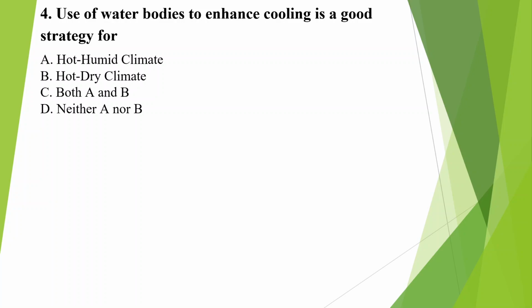In the previous question also I have discussed, in hot and humid climate conditions, the RH levels are already very high. So use of water bodies and evaporative cooling features become less important in such a climatic zone. That's why these strategies are good only for hot and dry kind of climatic conditions. That's why option A is the correct answer for this question number 4.